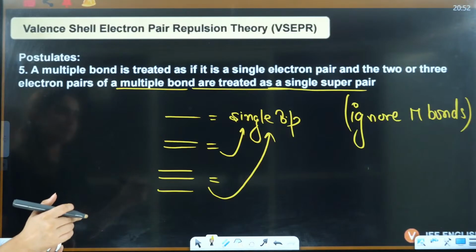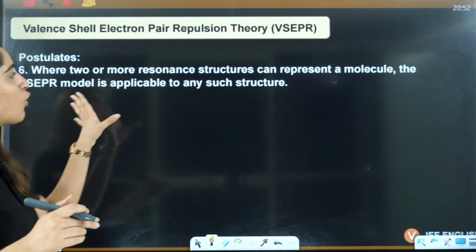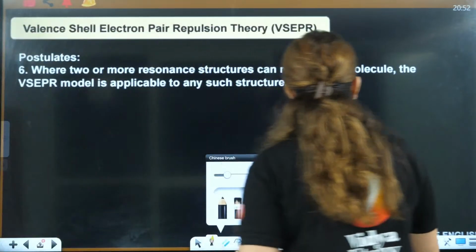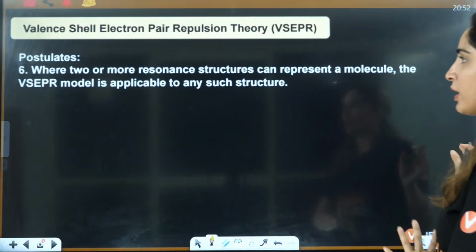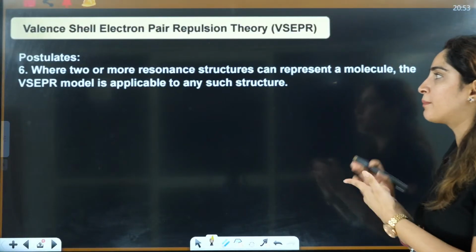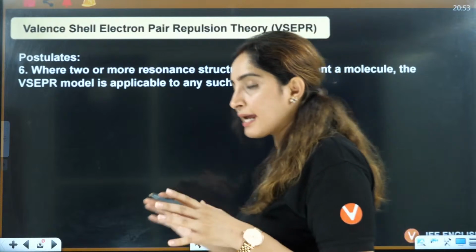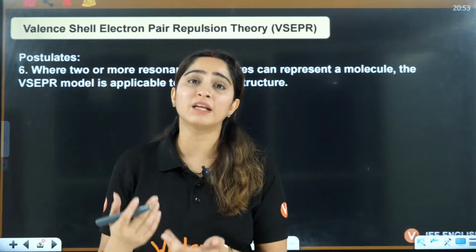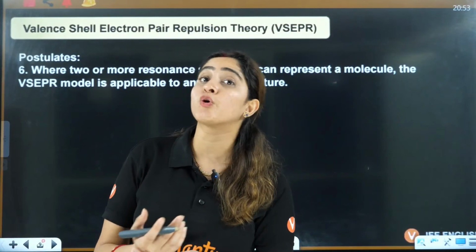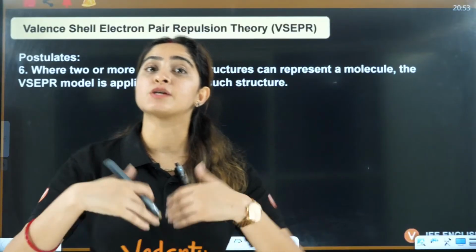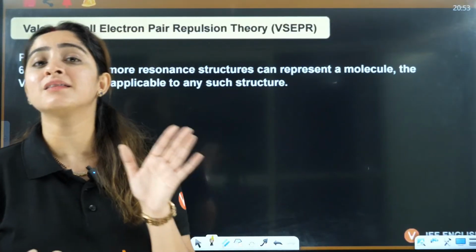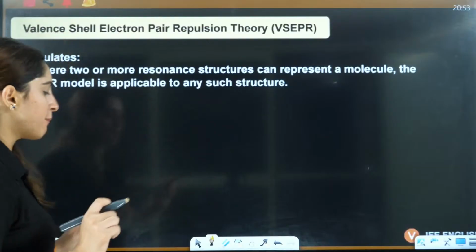Next, where 2 or more resonance structures can represent a molecule, the VSEPR model is applicable to such structures, right? Even in O3, ozone, and in CO3 2 negative, you have resonating structures, and even in those, VSEPR theory is applicable.